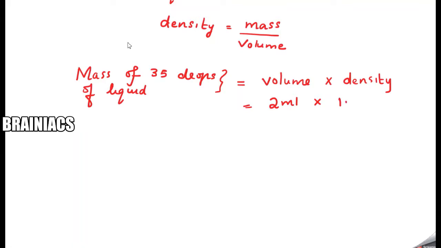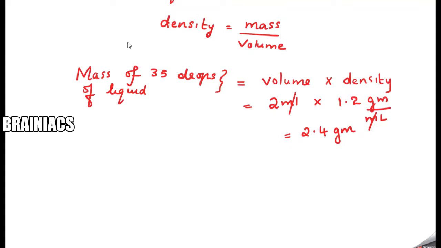Now this ml and ml can be cancelled, so this will become 2.4 gram. So mass of 35 drops of liquid is equal to 2.4 gram.